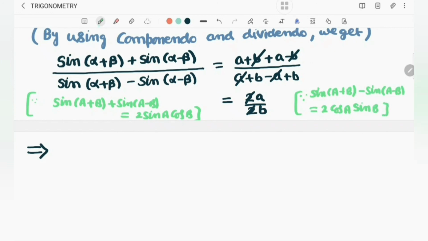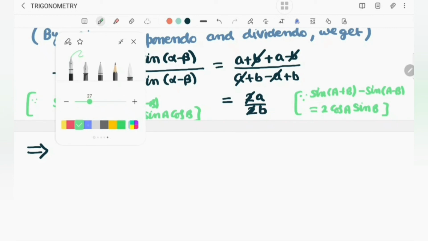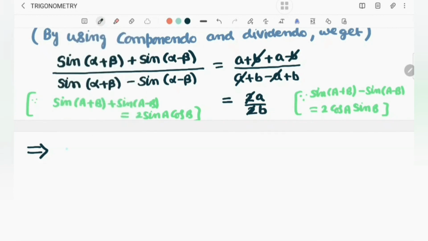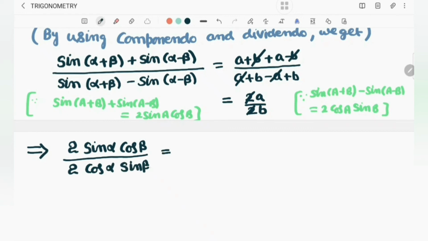So now the numerator value will become 2 sin alpha cos beta by the denominator, which is in the form of sin of a plus b minus sin of a minus b now, so 2 cos alpha sin beta, is equal to a by b.